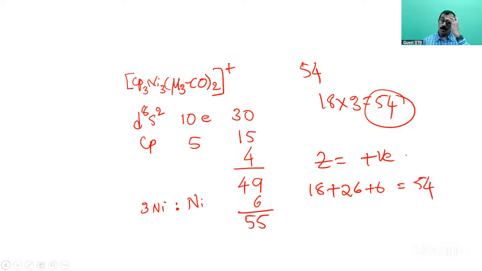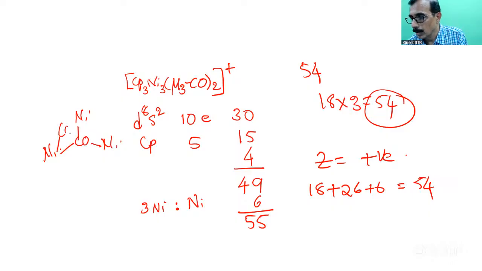Now if you consider the structure, it will be like this. This is already given, mu3. And then we have metal-metal bonds like this.